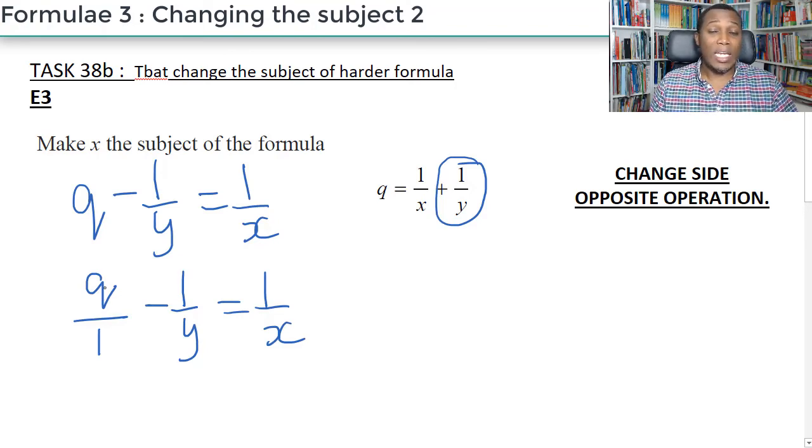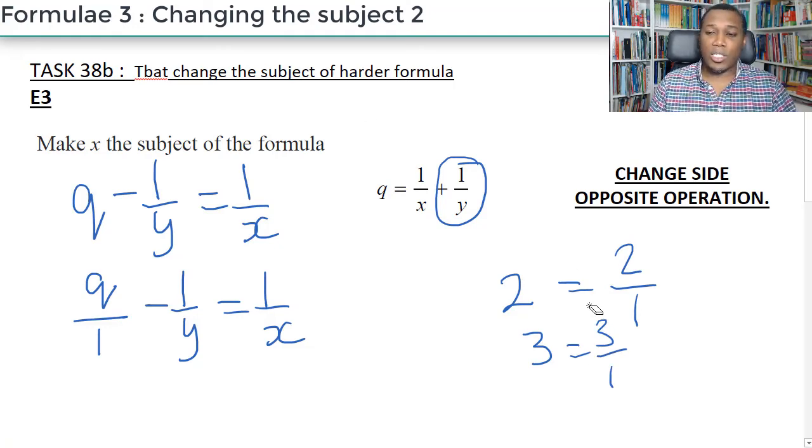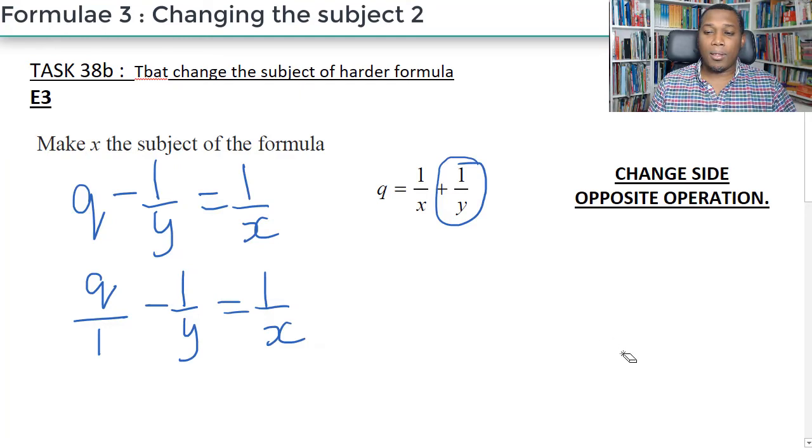So if I have the number 2, it is the same thing as 2 on 1. If I have the number 3, it's the same thing as 3 on 1, and so on. So you can use that strategy to frame your values as fractions when necessary, and make calculations easier, or make it clearer what calculation you should do.